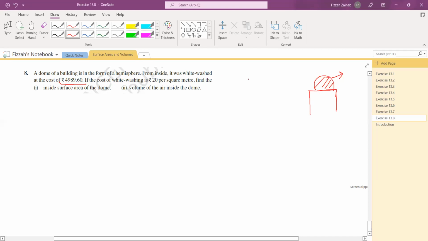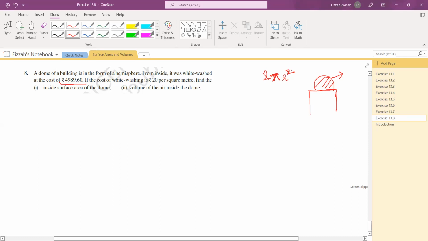So, like, what is the surface area of a hemisphere? First of all, tell me how much is the surface area? Ma'am, 2 pi r square. 2 pi r square. Very good. Because it is just half of the surface area of the sphere. Okay.